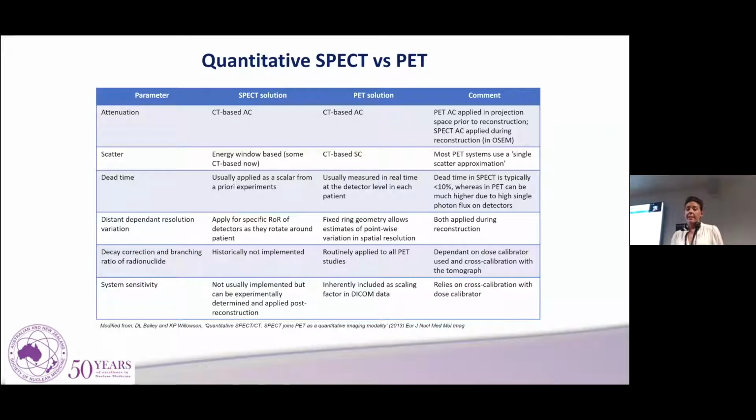But nonetheless, whilst this hasn't previously been performed for SPECT studies, certainly now in the day and age of quantitative SPECT, we do need to consider system sensitivity measures, and this can be done via experimental data, very similar to how we might measure it on the PET scanner. Of course, these factors have always been contributing to PET reconstructions, and they are inherently included in the DICOM header as part of that rescale slope factor.